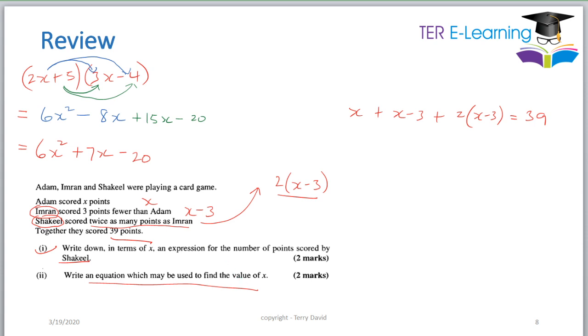I'm not sure if I missed out anything, but the next obvious thing to do is to solve for x. So even if they didn't ask that, let's try to solve for x. I'll give you all 2 minutes and tell me what you are getting for x.